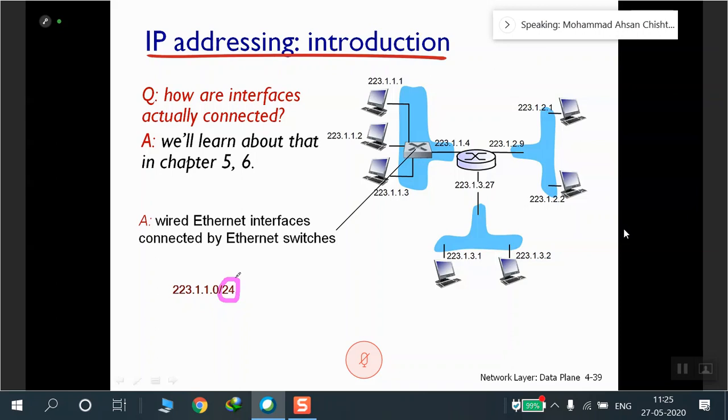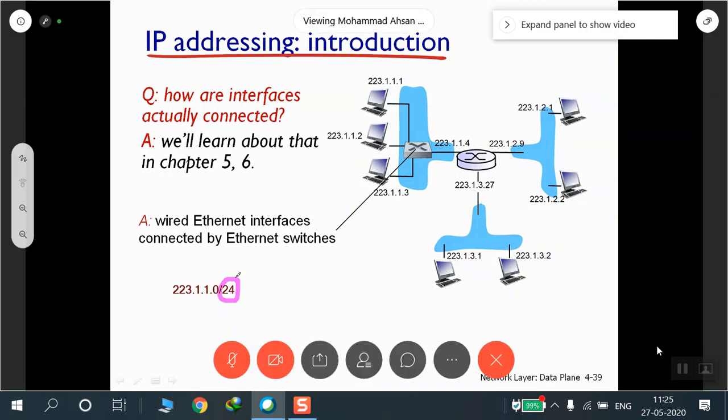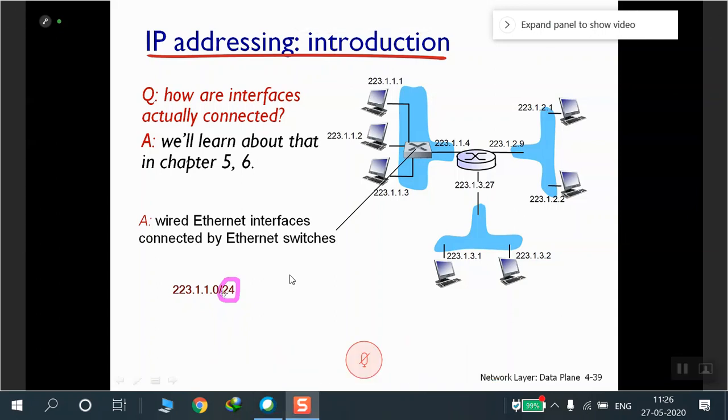The /24 says that the first 24 bits of the IP address are the network part. This is also known as the network mask or netmask. It indicates that the leftmost 24 bits of the 32-bit IP address are the network address.